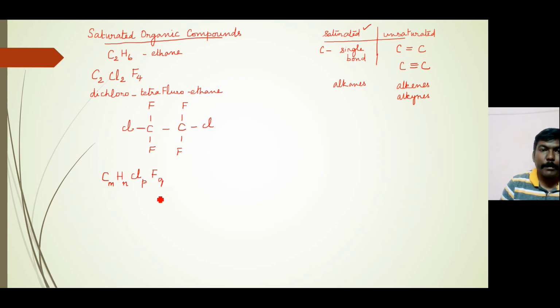So this is a general expression for any organic compound, or rather any compound that is used as a refrigerant. In this particular case it is R114. R stands for refrigerant. So what is this 4, what is this 1, and what is this other 1? We will look at that.